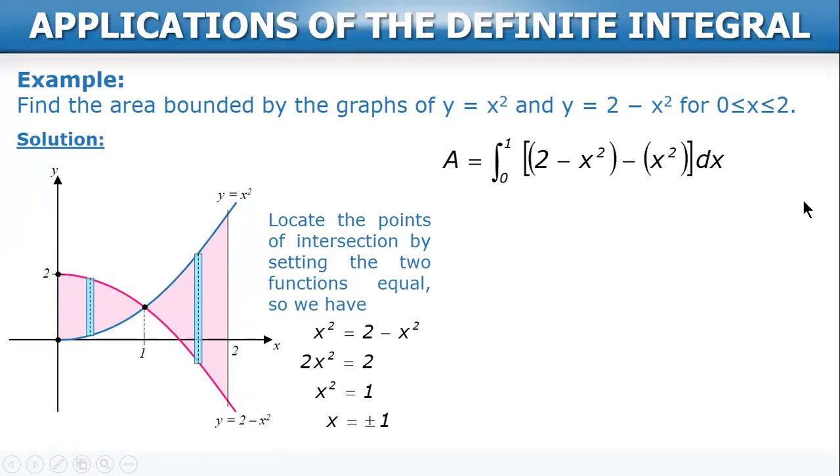So this is area 1, from 0 to 1. Upper minus lower, it's 2 minus x squared minus lower x squared. And from 1 to 2, upper minus lower, it's x squared minus 2 minus x squared.